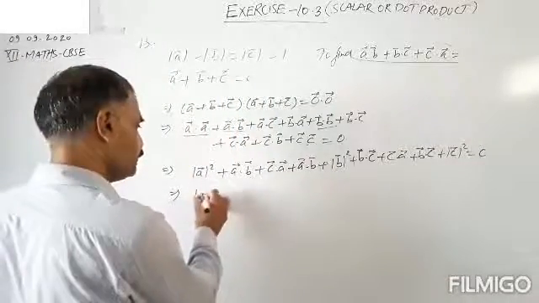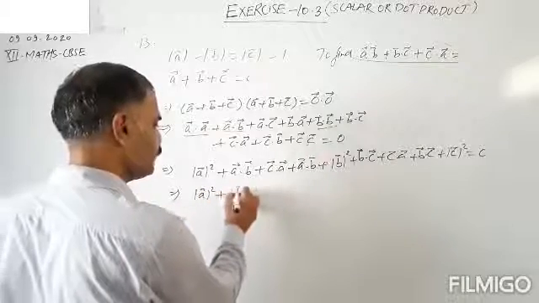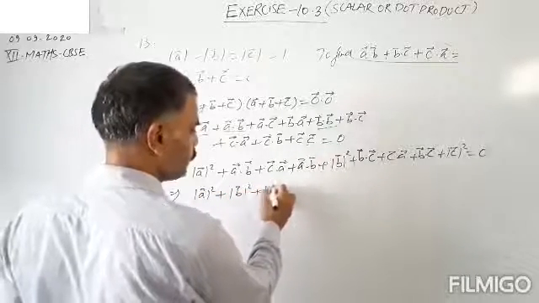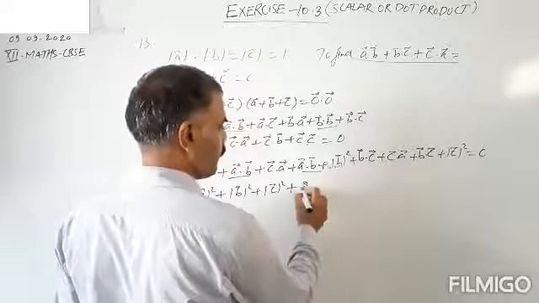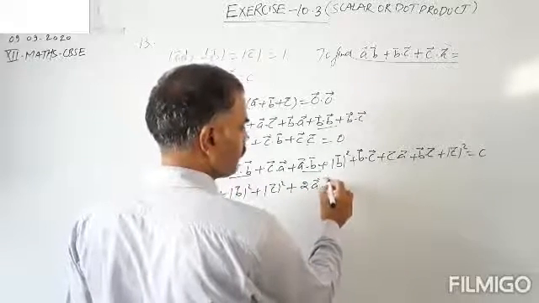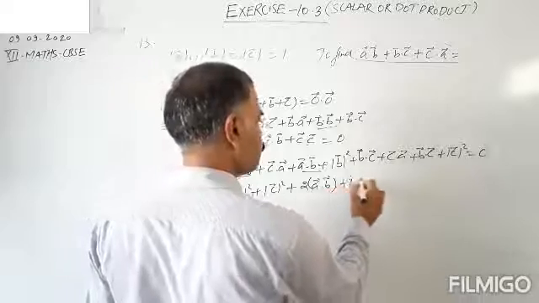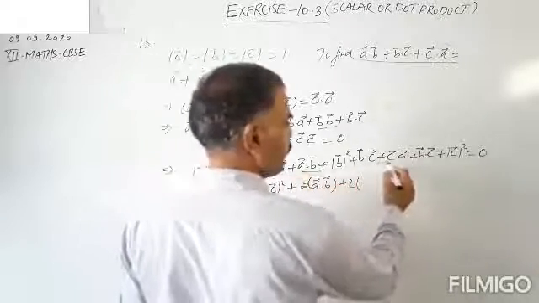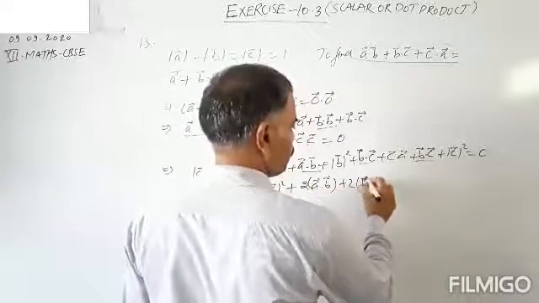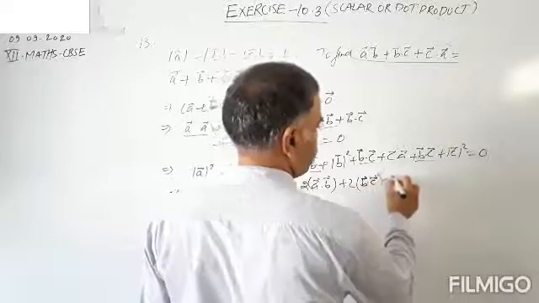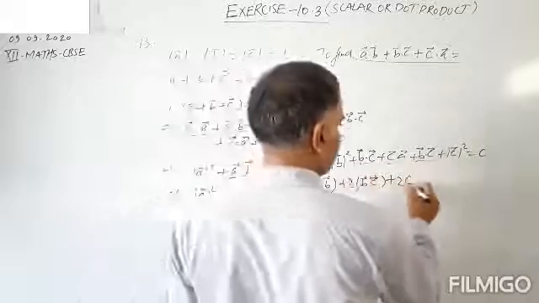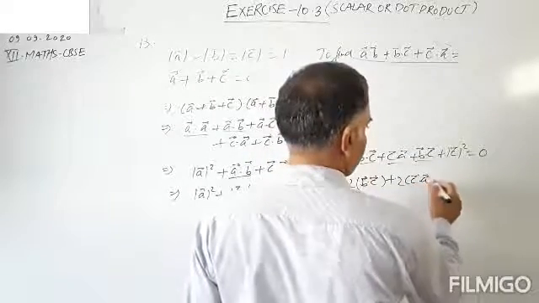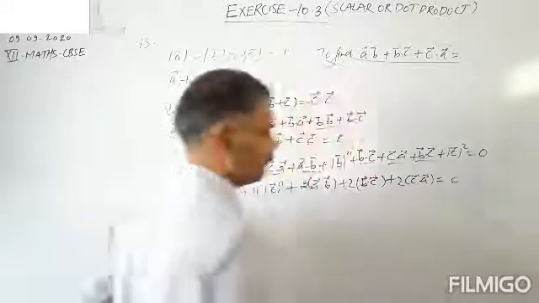Now this is magnitude of A vector squared plus magnitude of B vector squared plus magnitude of C vector squared plus 2 times A vector dot B vector plus 2 times B vector dot C vector plus 2 times C vector dot A vector is equal to 0.